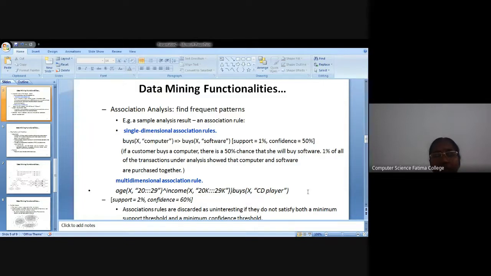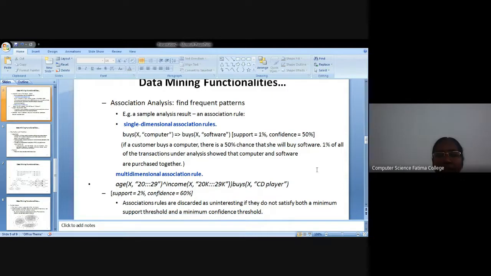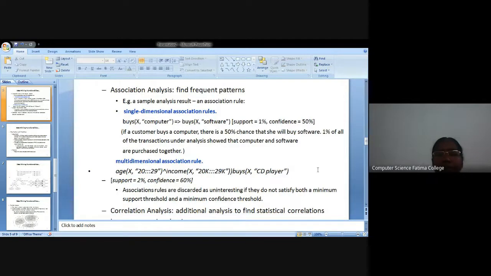For example, if a customer X buys a computer, then there is a possibility that he will buy software also. It is represented by the support and confidence measures of the association rule. Here we consider only one dimension. When you consider more than one dimension, for example, customer X, age between 20 to 29, and income between 20,000 to 29,000, then there is a possibility to buy a CD player.